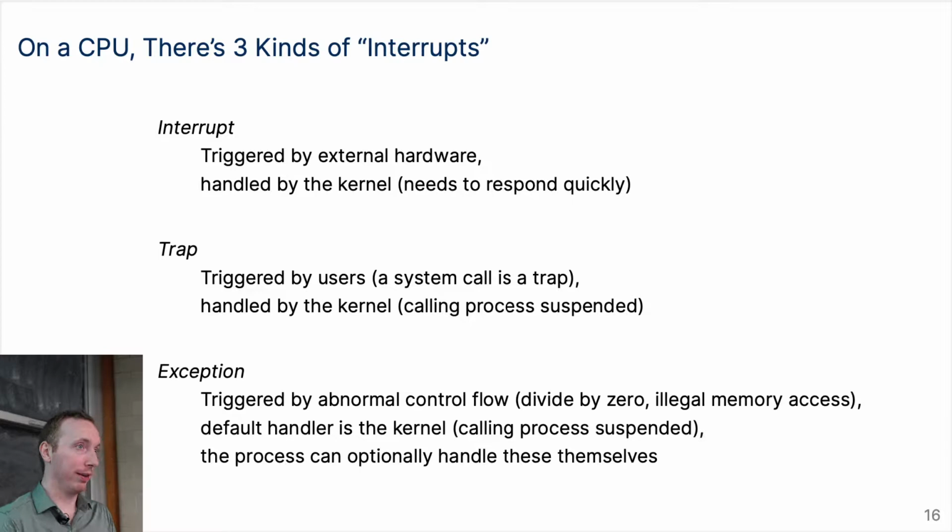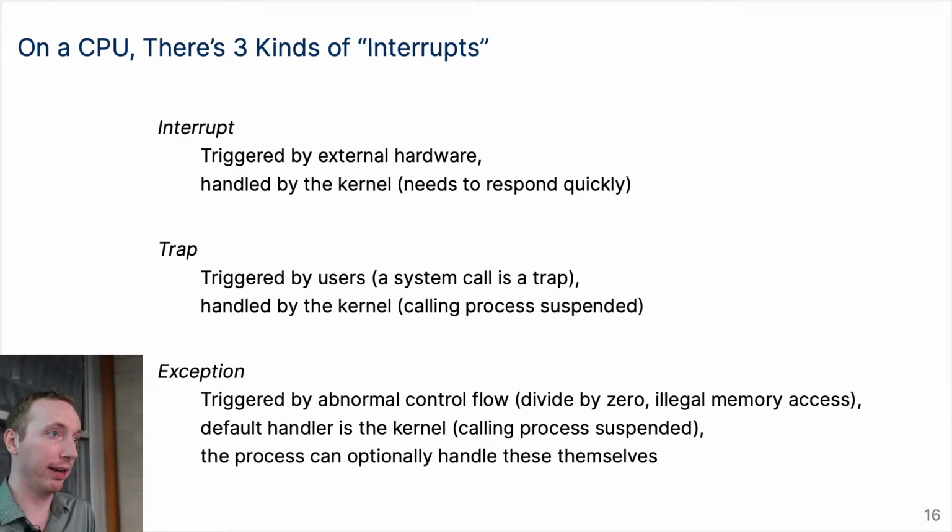Then the last one is called an exception, triggered by abnormal control flow. So these again are triggered by user processes. They're things like divide by 0, illegal memory accesses, and by default the handler is the kernel, but you are allowed to overwrite this with signals, and that's the only way you can do interrupt-like things as a user process.